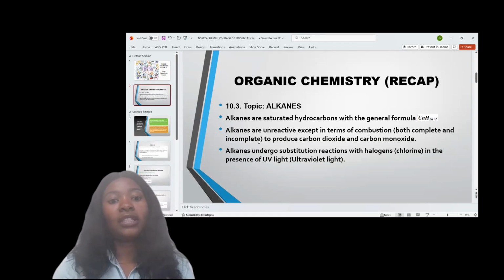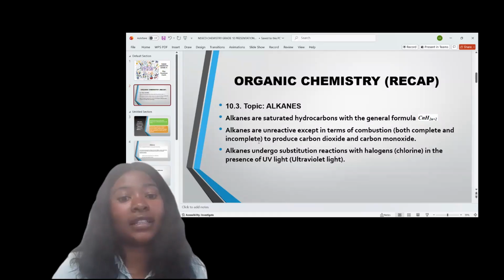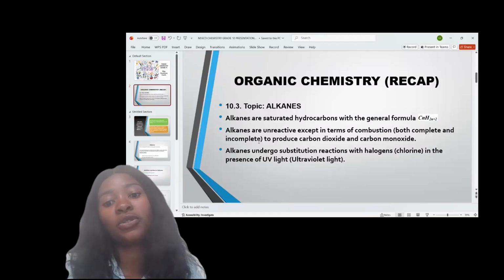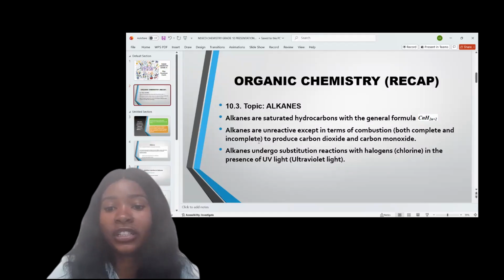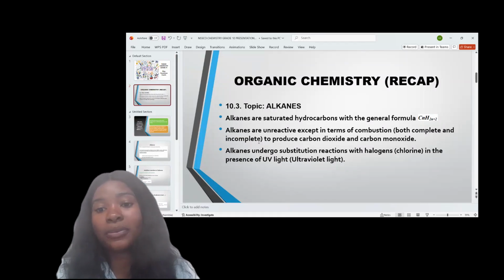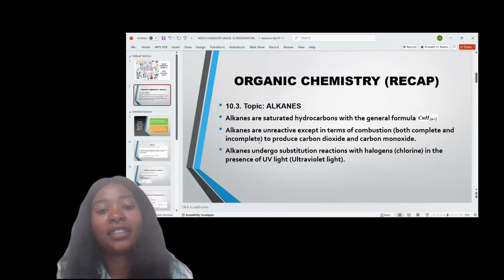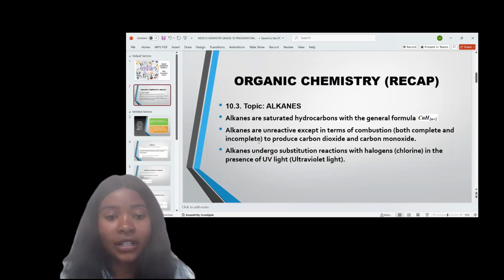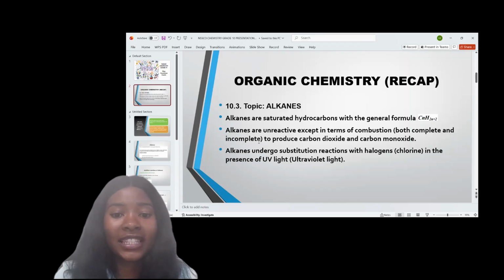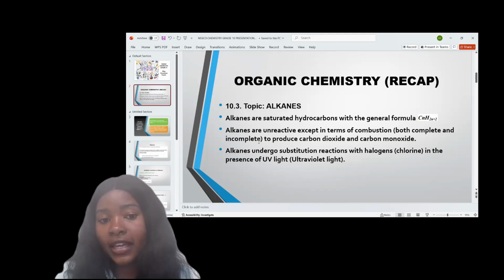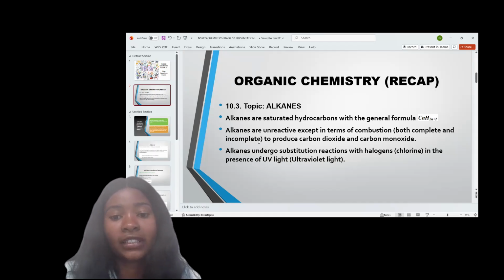We also looked at how alkanes undergo substitution reactions with the halogens, which are the group 7 elements, such as chlorine, iodine, fluorine, and so on. But in order for this substitution reaction to take place, a condition has to be met, which is the presence of UV light, which is ultraviolet light.